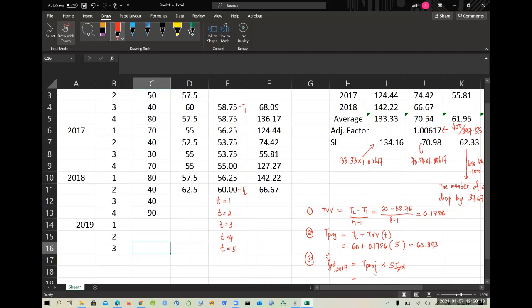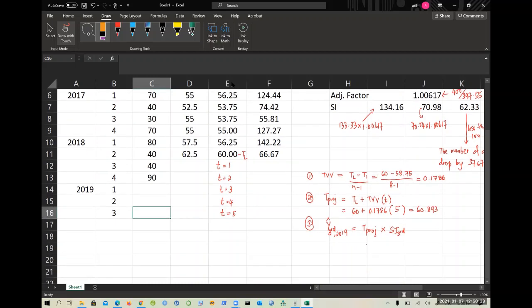Okay, so you have this to be 60. Since this one is using 100, so you have to divide by 100. So this will give you 60.893 times the seasonal index for third quarter, which will be 62.33, right?